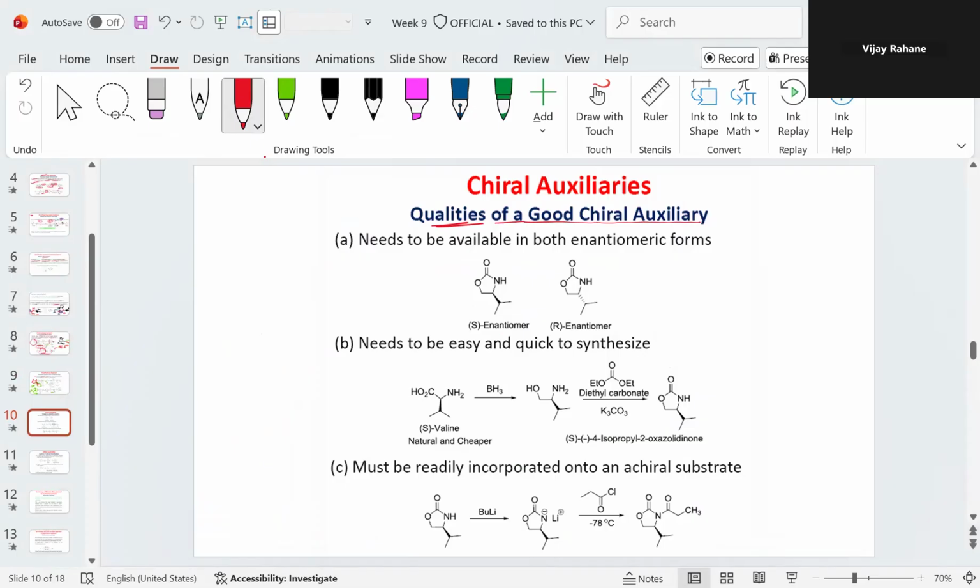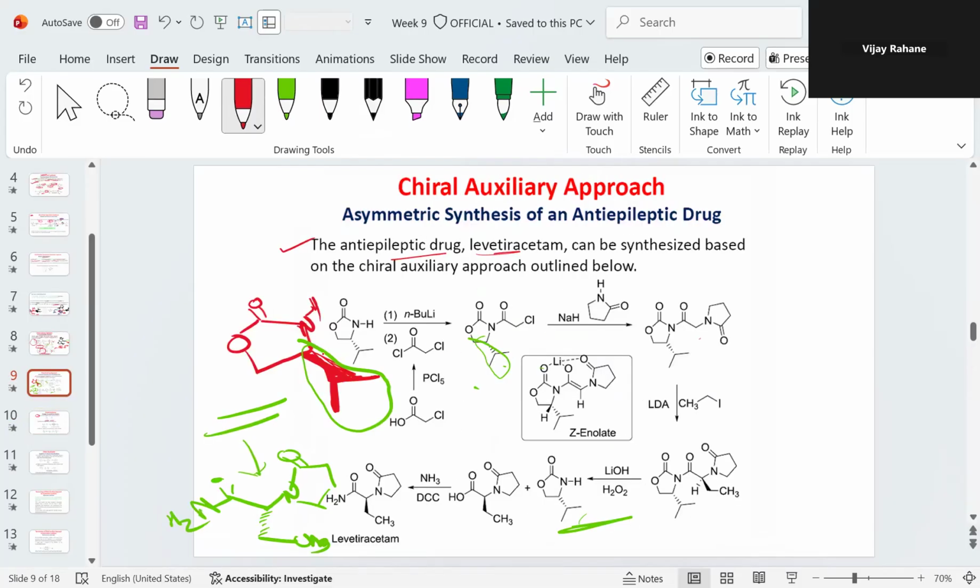It needs to be available in both enantiomeric forms. Why is this? If we have selected one chiral auxiliary and it is available in both enantiomeric forms, then, as I showed in the earlier example, I can select the chiral auxiliary with the different configuration. Earlier I used the S chiral auxiliary, but later I simply used the R chiral auxiliary and changed the stereochemistry to the completely opposite one.